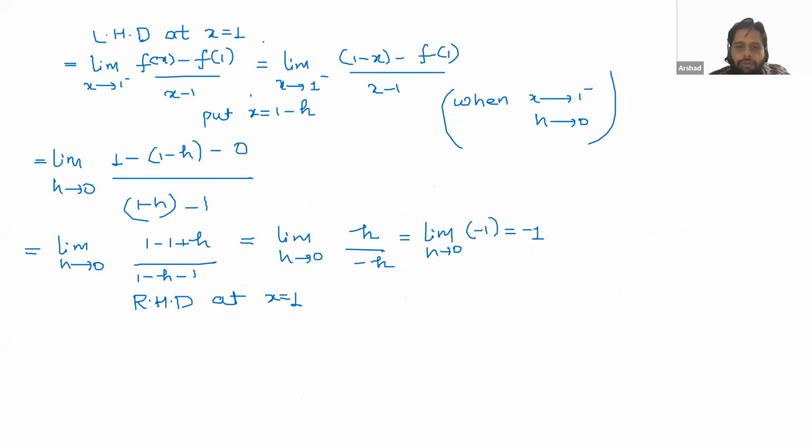Yeah, that's minus 1. That's correct. So LHD is minus 1, RHD is also minus 1, so the function is differentiable. Okay, great. Now please check for x is equal to 2 and share your answer, all of you.